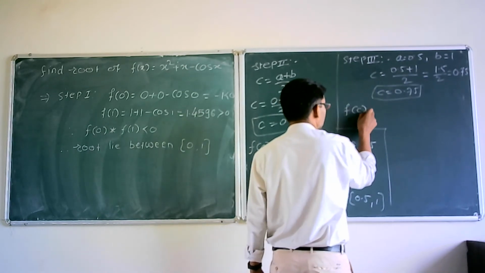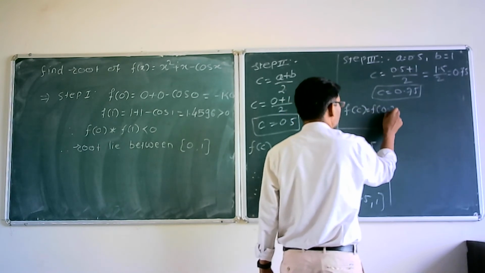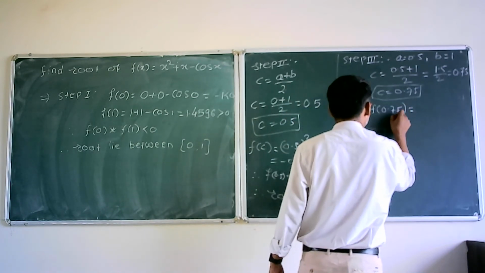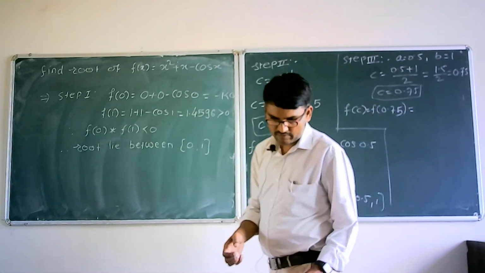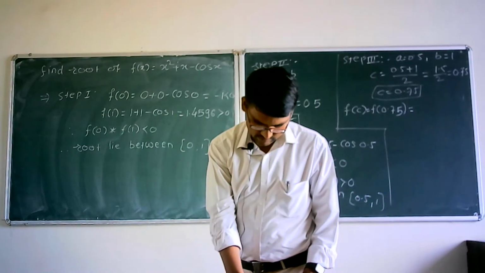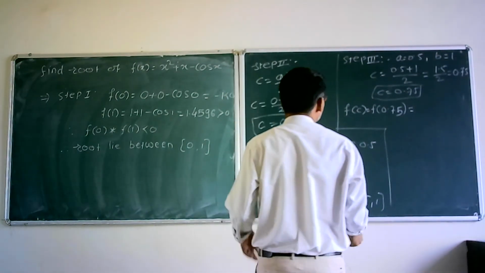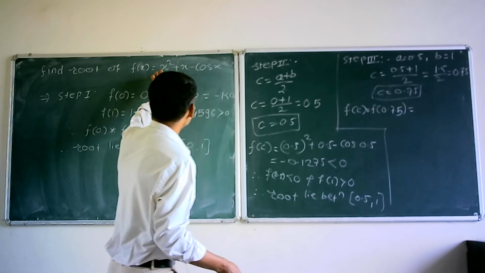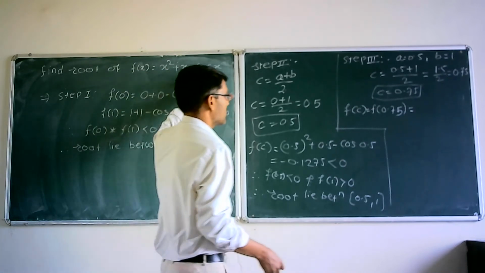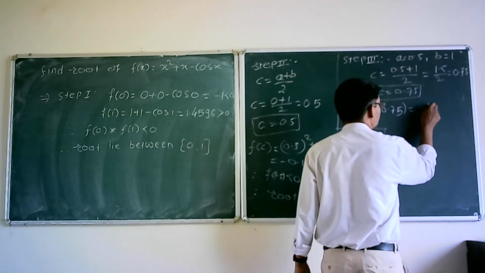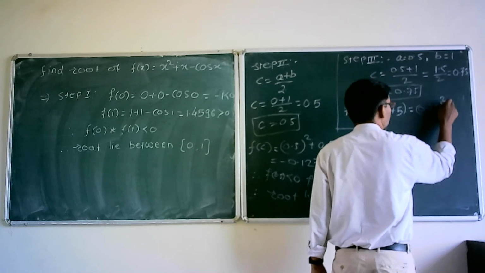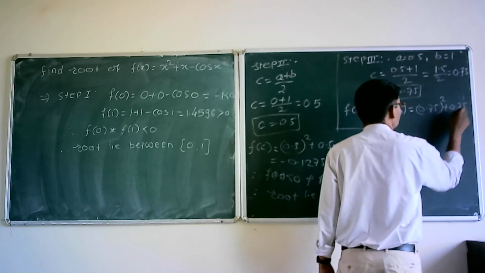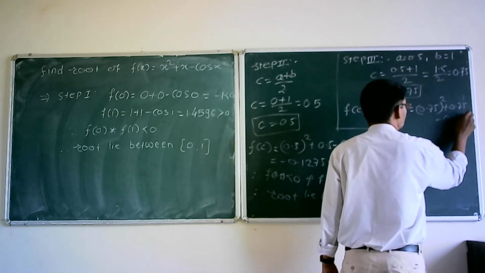So f of C is equal to f of 0.75. What is f of x? F of x is x square plus x minus cos x. So it is equal to 0.75 bracket square plus 0.75 minus cos 0.75.